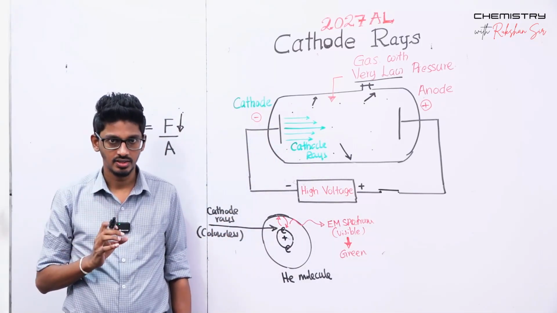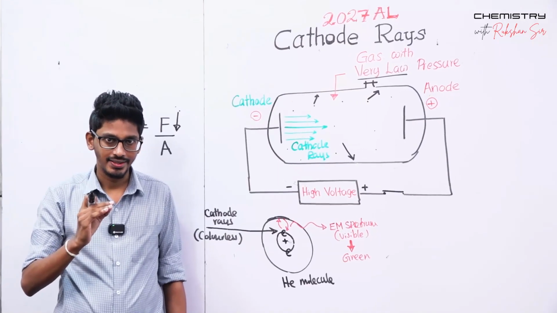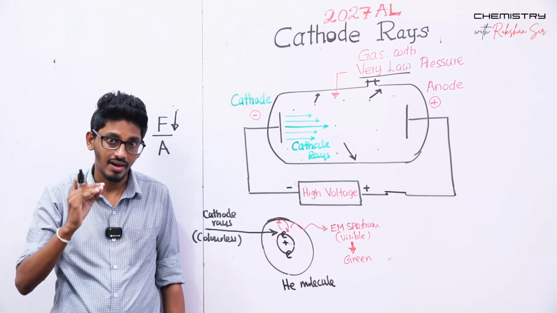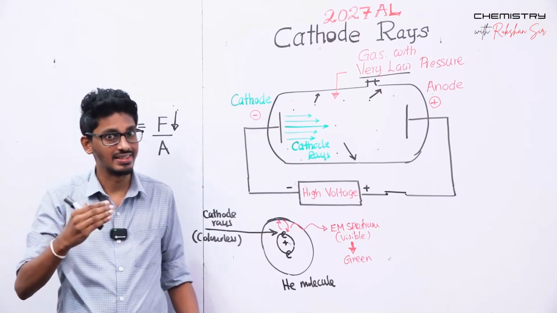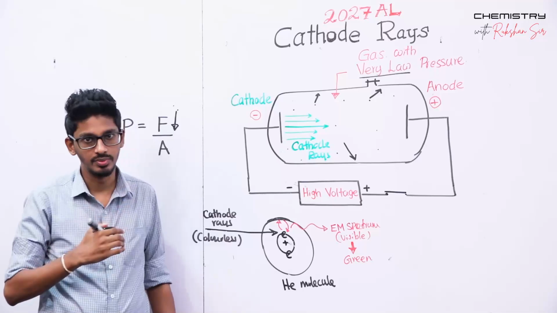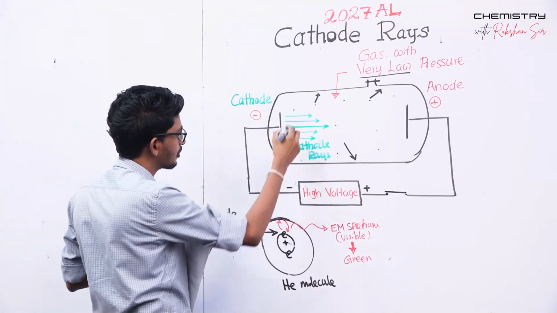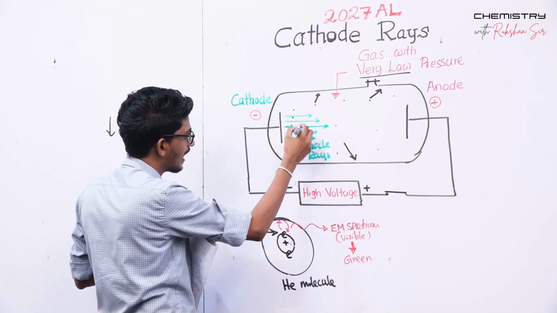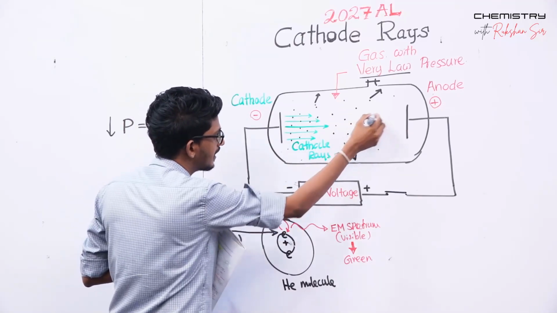So, what happens if the pressure is high? That means you have a greater number of gas molecules inside your tube, like this. You have a very high number of gas molecules inside your tube. Then what will happen?